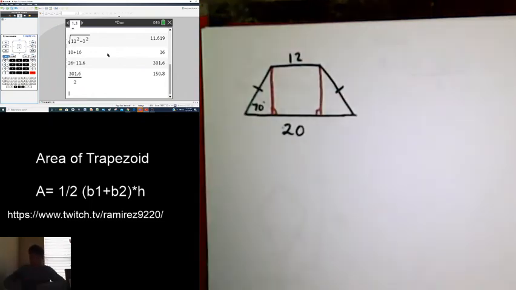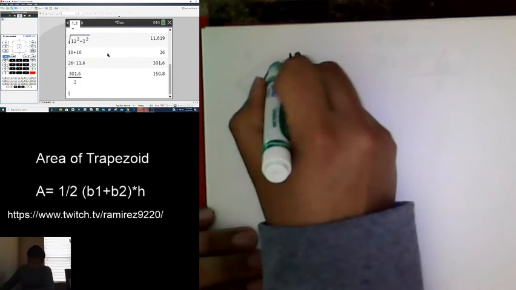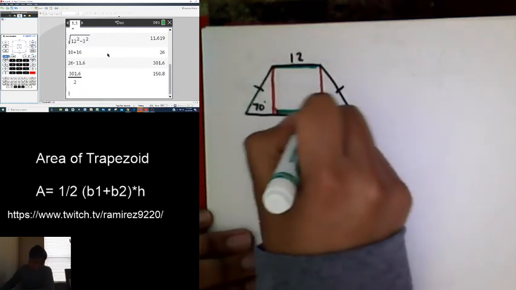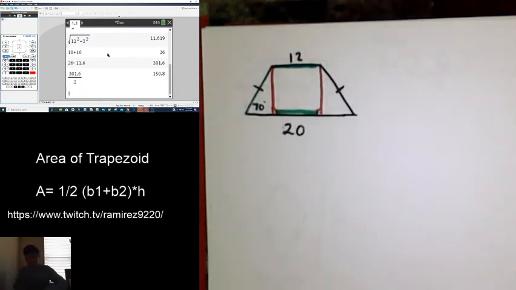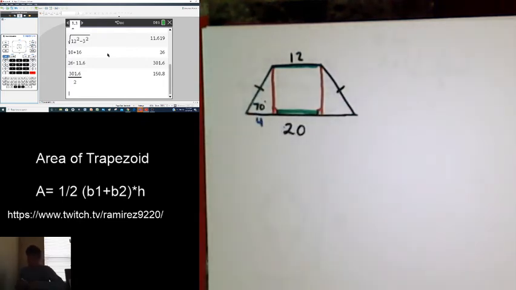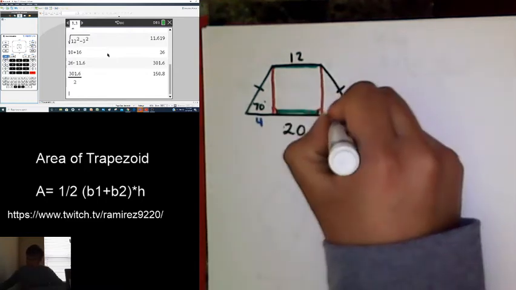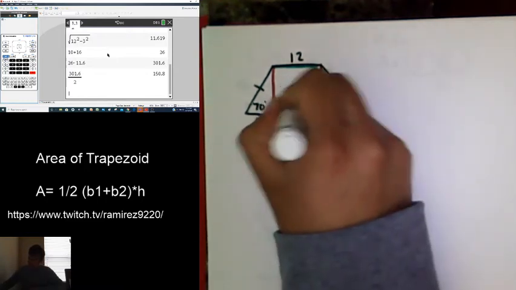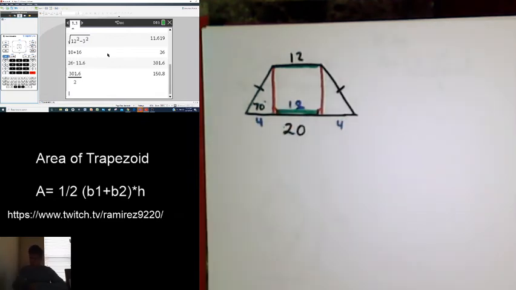We automatically know that since this is 12, this is 12. 20 minus 12 is 8, which means this has to be 4. And then this is 4. And again, this was 12. 12 plus 8 is 20.